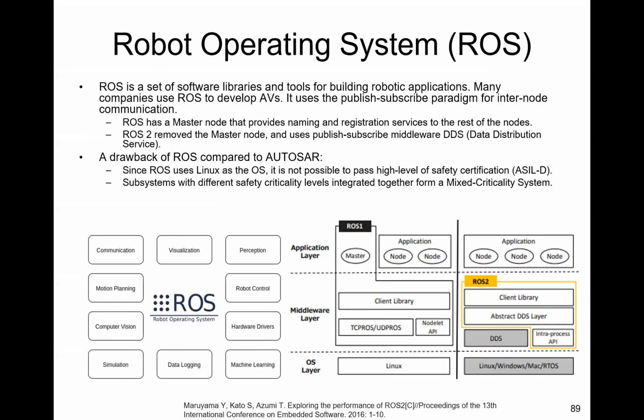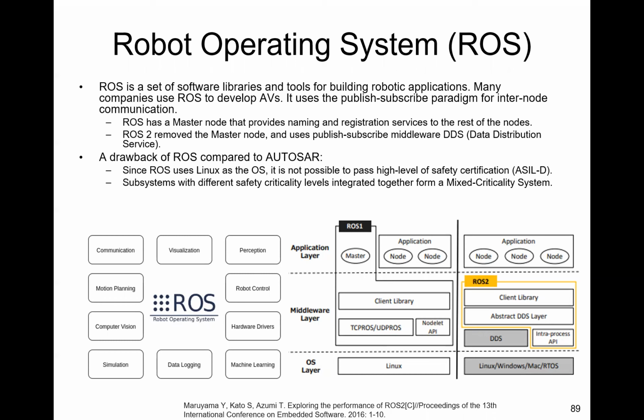Robot Operating System, ROS, is called an operating system, but it's not. It's just a middleware. It's a set of software libraries and tools for building robotic applications. Many companies use ROS to develop AVs. It uses a publish-subscribe paradigm for inter-node communication. ROS version 1 has a master node that provides naming and registration services to the rest of the nodes.